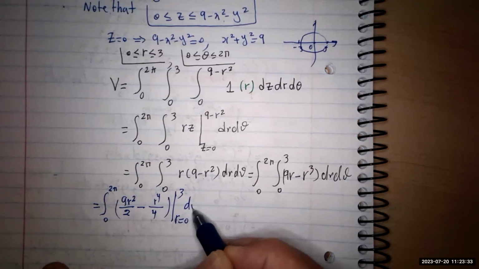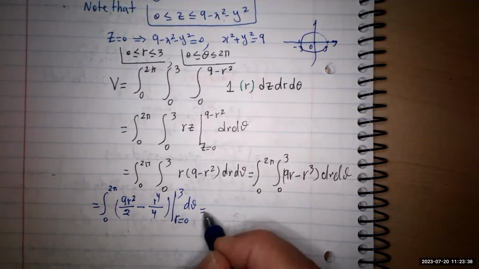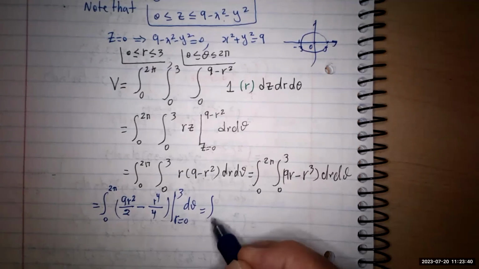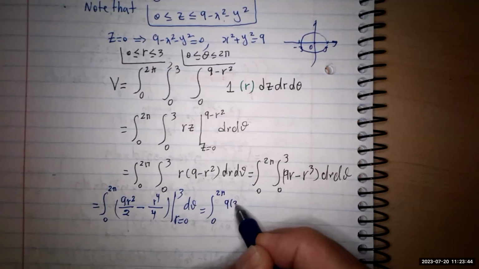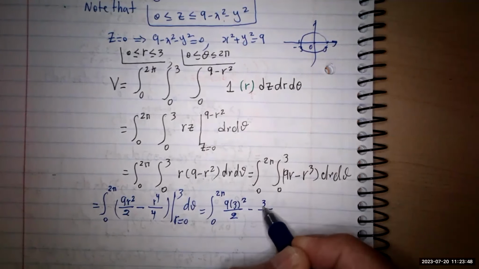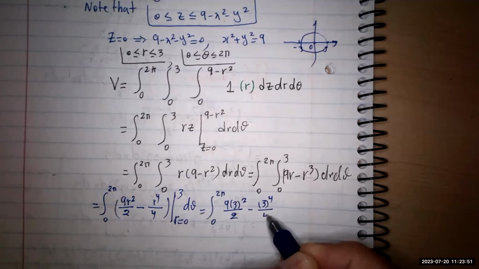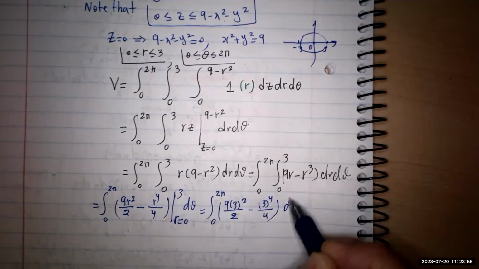Then you come back and do the d theta. So substitute 0 to 2 pi. Put the 3 first: 9 times 3 squared over 2 minus 3 to the 4th over 4 minus 0, nothing else. Then the d theta.